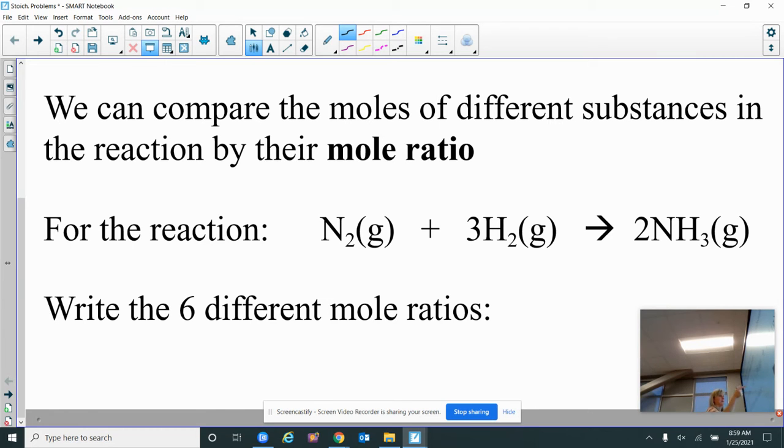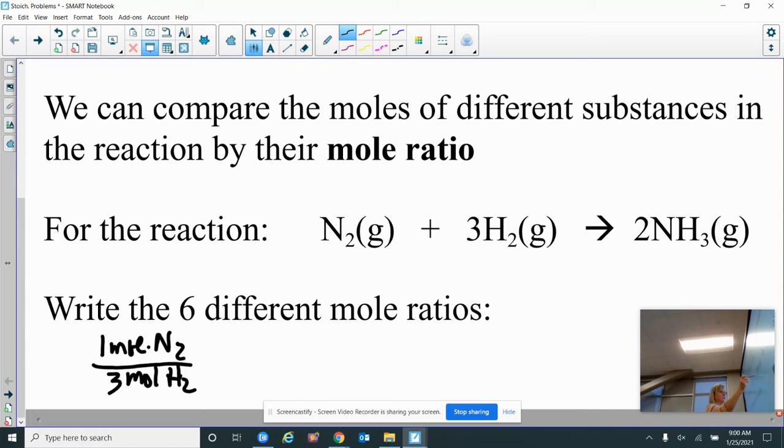So looking at this balanced equation, we could say, well, there's 1 mole of N2, and our abbreviation for mole can just be MOL. We can just drop off the E. So in the equation, there's 1 mole of N2 to 3 moles of H2, right from the balanced equation, from those amounts given here.